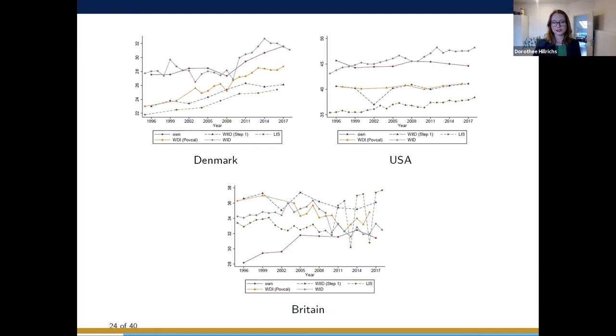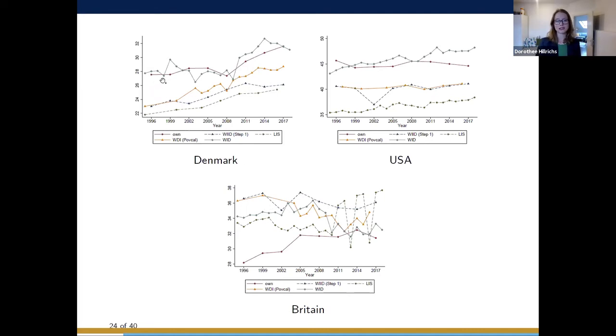And so you see, first of all, for these three countries that I show you as examples, Denmark, US, and Britain, even among the established data sets, there is quite a large variety in terms of levels, quite large discrepancies. And what you see second is that our estimates are not very far off.